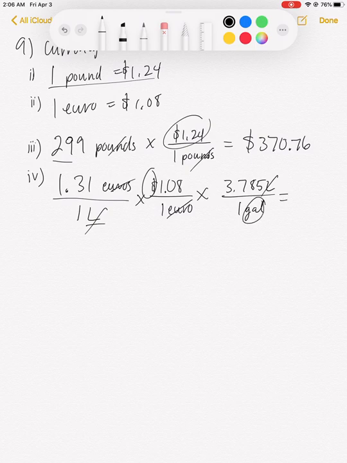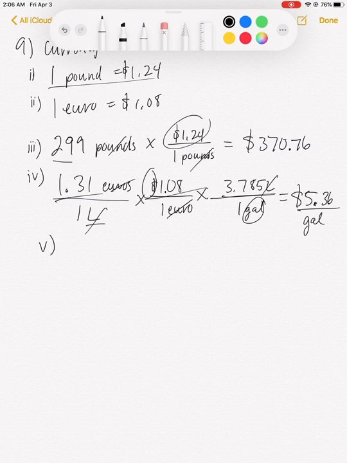So we multiply 1.31 times 1.08 times 3.785, and we get $5.36 per gallon. So $5 a gallon. You're grateful that you live in the United States, right?